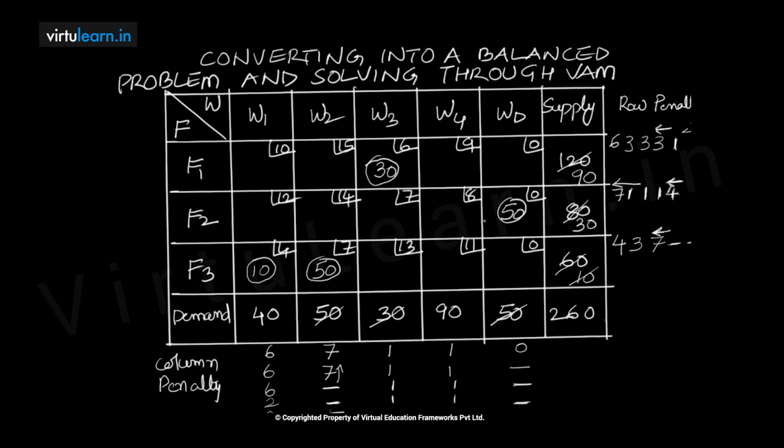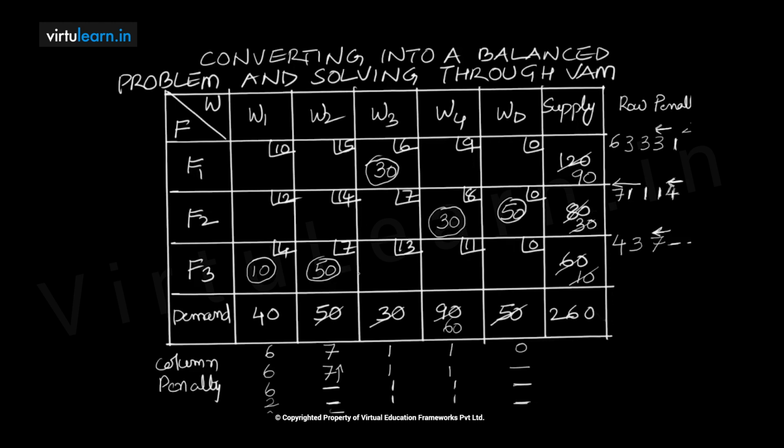Here in this, we require 90 units, but only 30 units are available. So these 30 units will make allocation. So here out of 90, 60 are still required, and these 30 units are also done.